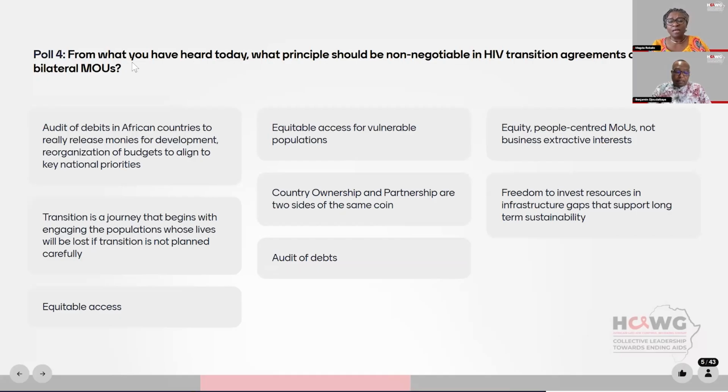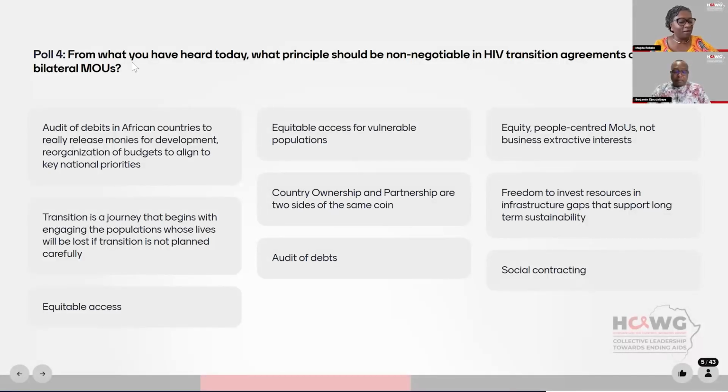Audit of debts, equity, people-centered MOUs, not business extractive interests. Freedom to invest resources in infrastructure gaps that support long-term sustainability is non-negotiable, according to one of our participants. Audits of debts in African countries to really release money for development. Transition is a journey that begins with engaging the populations whose lives will be lost if transition is not planned carefully. Social contracting is non-negotiable.